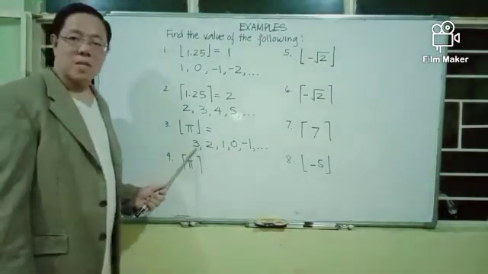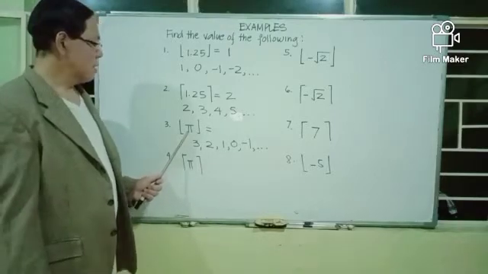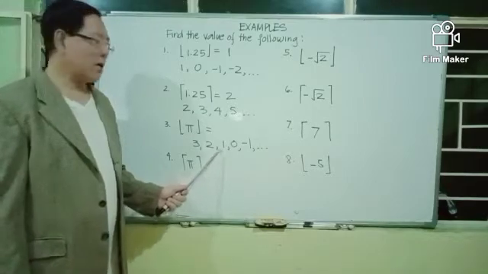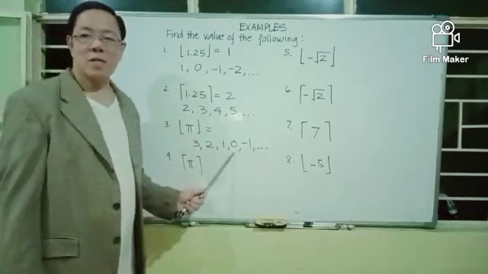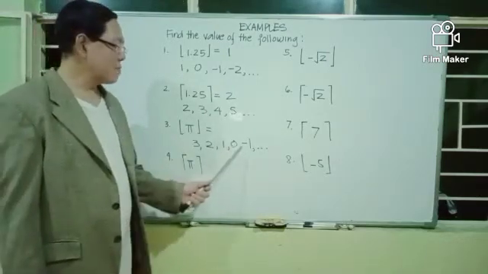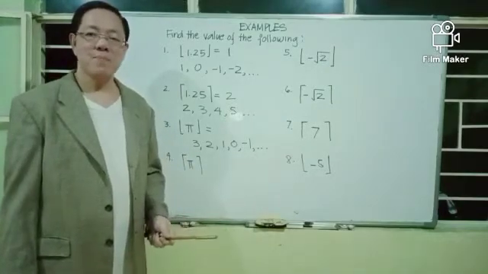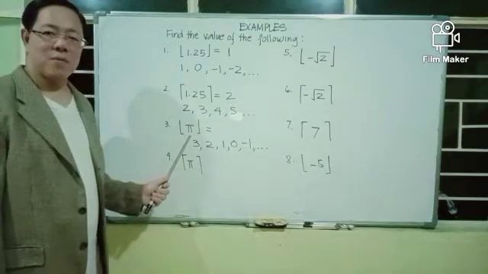Three is a positive integer that is less than pi. 2 and 1 are positive integers that are less than pi or 3.14. 0 is an integer that is less than pi or 3.14. Negative 1 and all the negative integers are less than pi or 3.14.